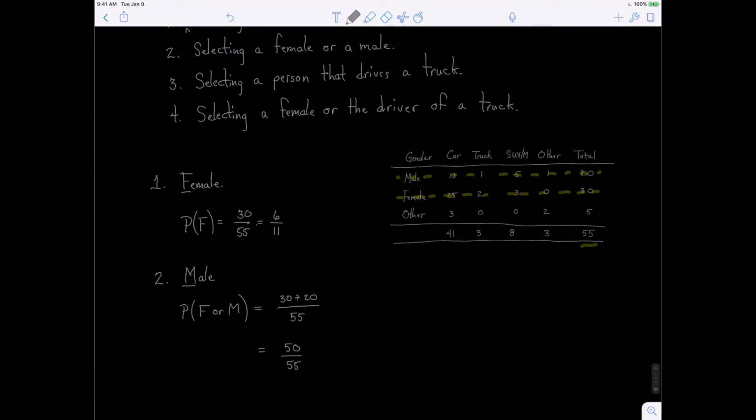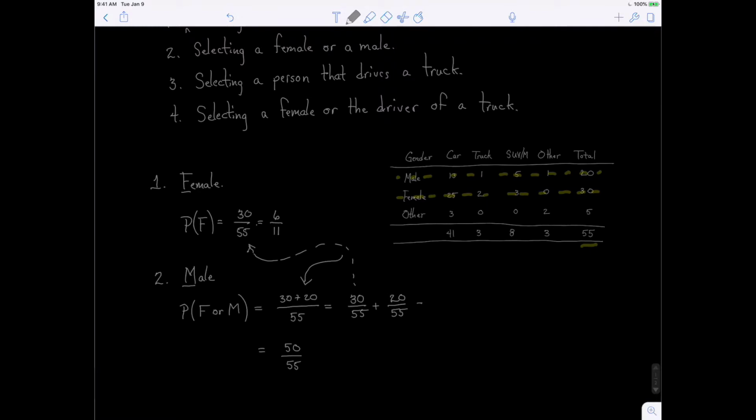But let's come back and reflect right here for a moment. Notice that I have a common denominator of 55. I could break this into 30 over 55, plus 20 over 55. And when I do that, wait a minute, 30 over 55, well, we found that right up there.